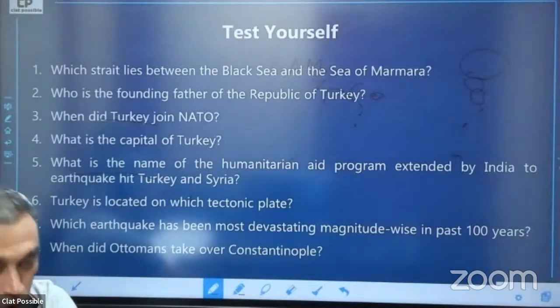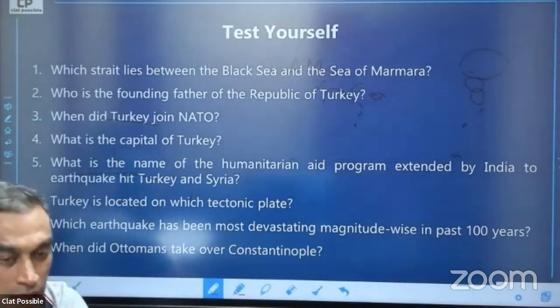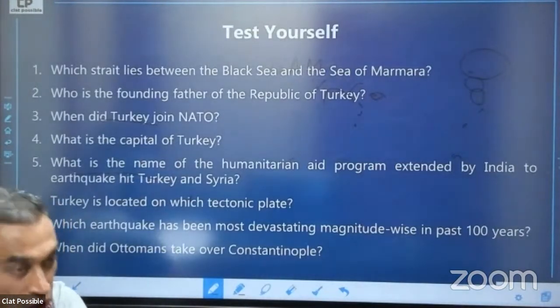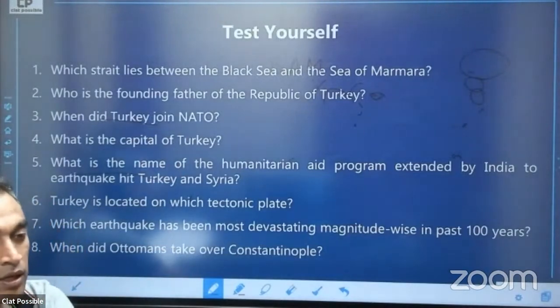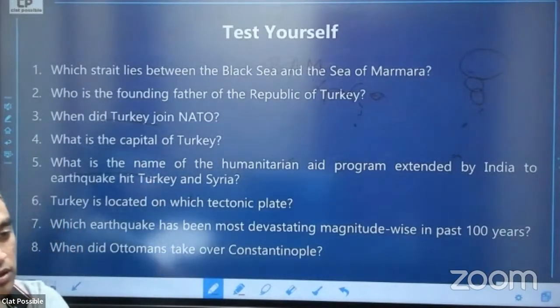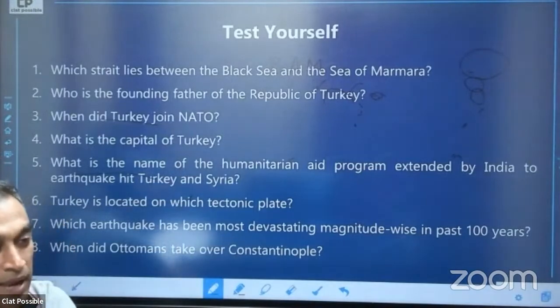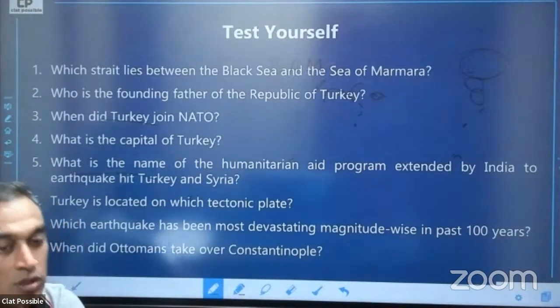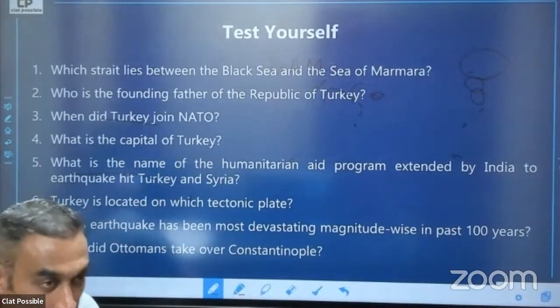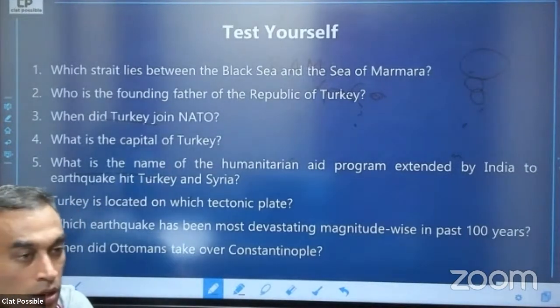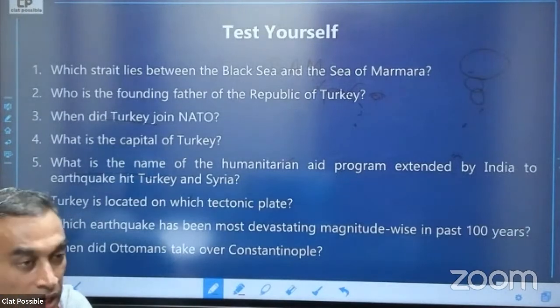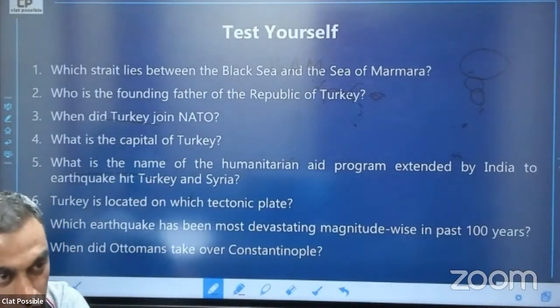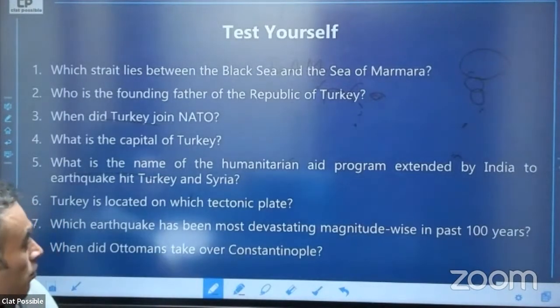And Turkey joined NATO in 1952. And they play a very strategic role because Turkey, through the Bosphorus Strait, gets access to the Black Sea, right? And you need to take permission from the Turkish government to enter the Black Sea. Therefore, they are sitting on a very important location, strategically very, very important.